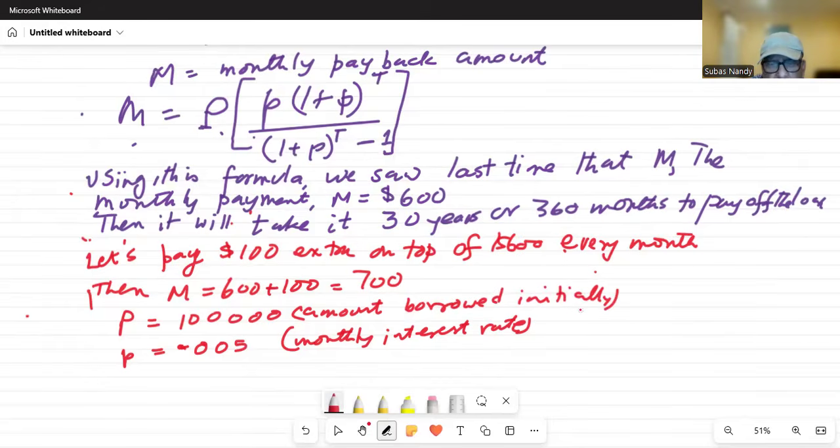The only thing I've increased is my monthly payment by $100 so that I can pay off the loan a little bit earlier. That is the whole idea, how to get rid of the loan quicker, earlier than what is scheduled.